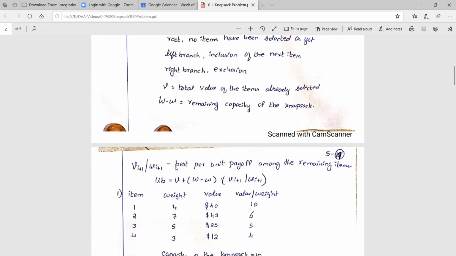Here this is the best per unit payoff among the remaining items. I already told you that we have to arrange them in decreasing order of value divided by weight.